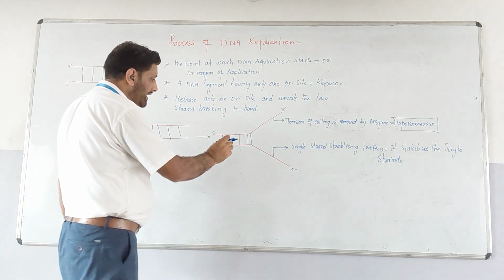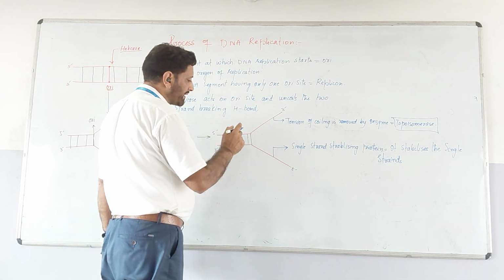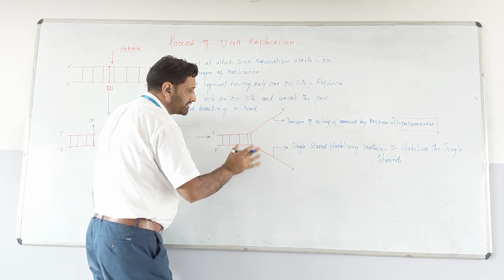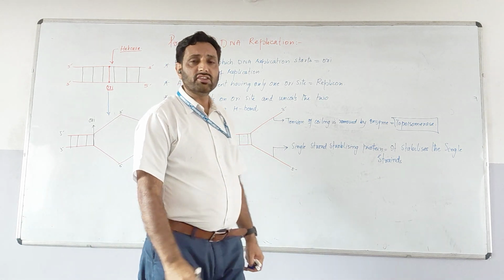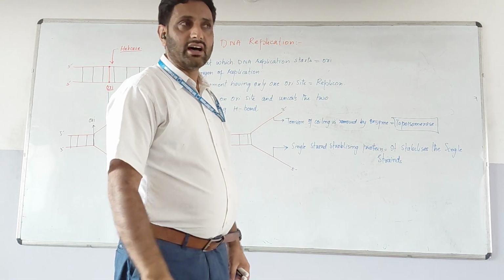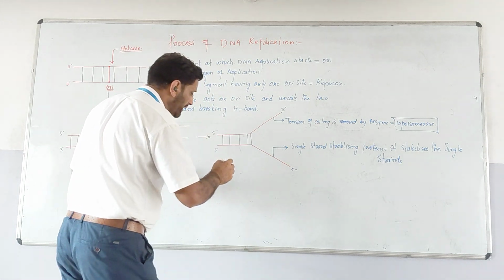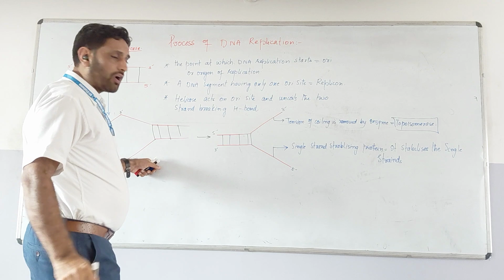Okay, so now up to here this structure has formed. This is the origin of replication. But this structure that formed after the unwinding of these two helices is known as the replication fork.